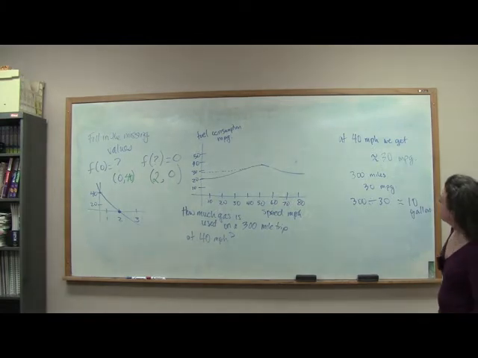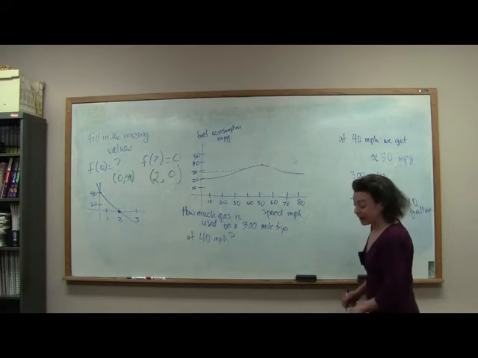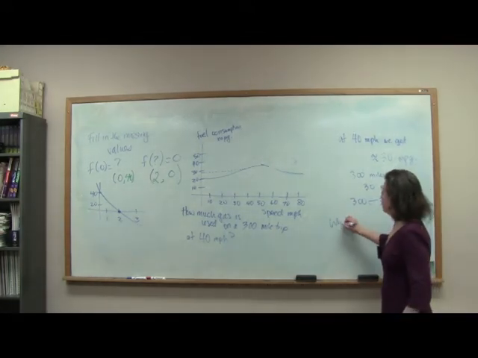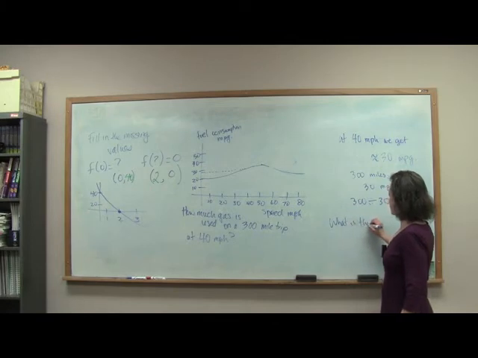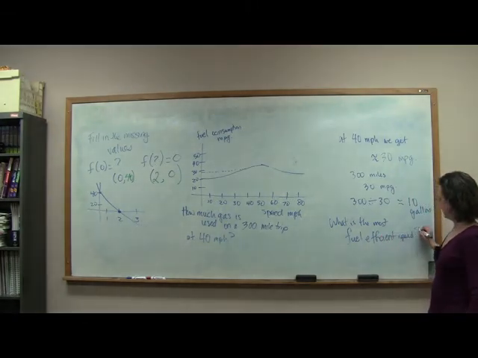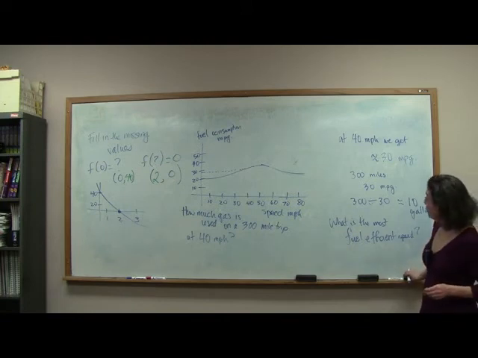Okay, so one other question I will ask pertaining to this graph is, according to this graph, what is the most fuel efficient speed? Well, how do we know what the most fuel efficient speed is?